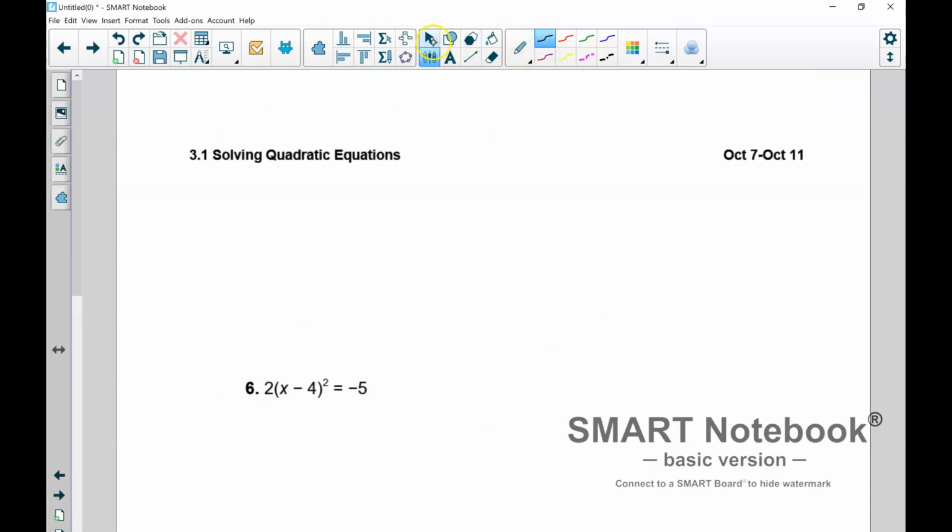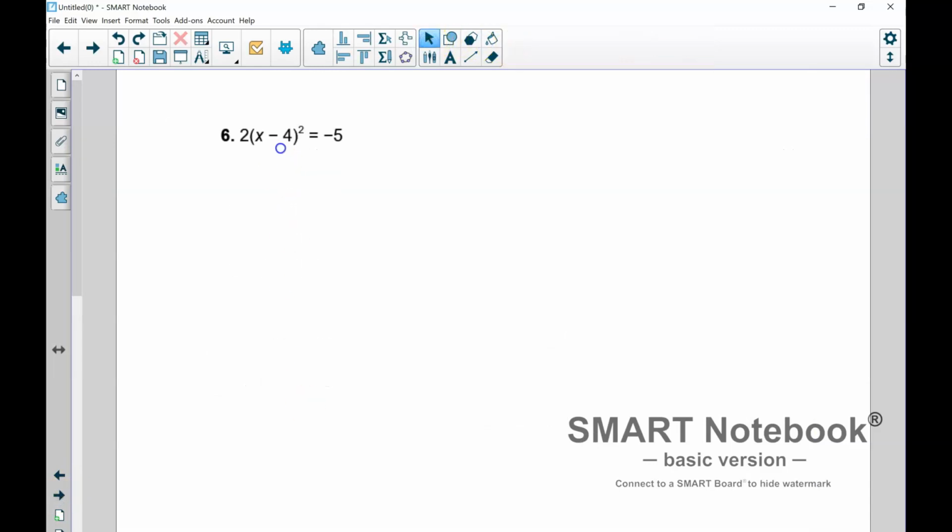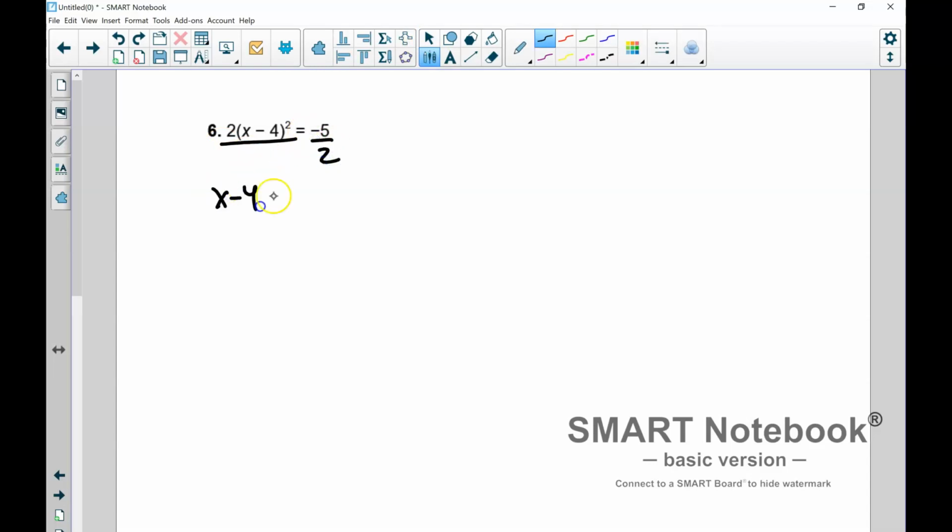Alright, let's see what this one does. Now this one I'm going to start off by dividing by 2. So I have x minus 4 squared equal to negative 5 over 2. Taking the square roots of both sides.